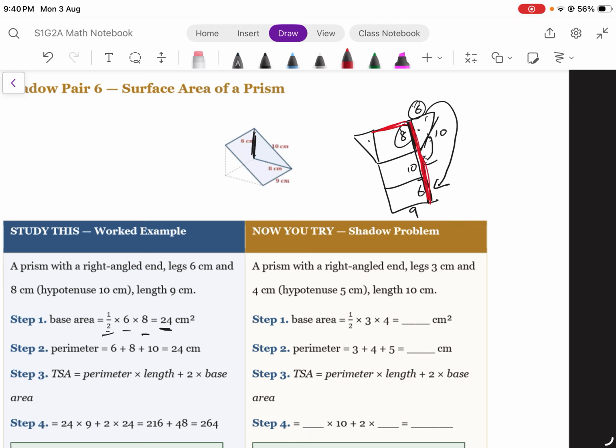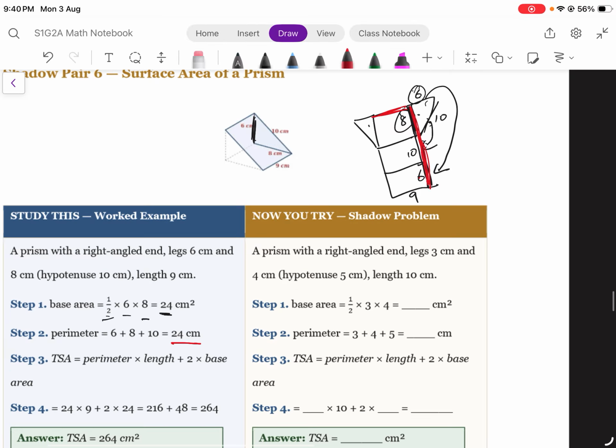So 6 plus 8 plus 10, 24. Even though they call it perimeter, actually it should be called length. Can you cancel this and put length?